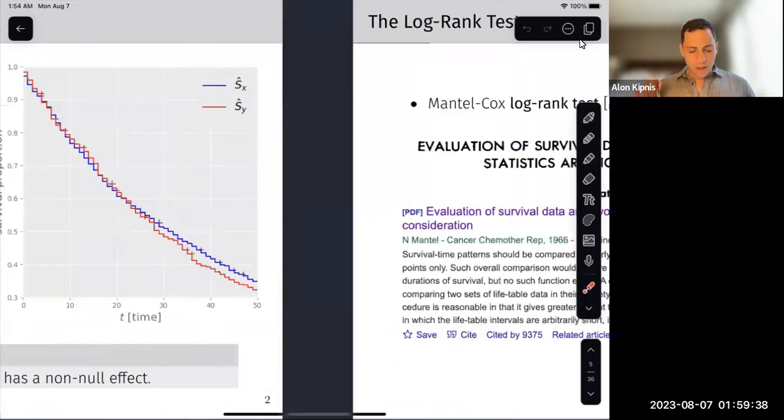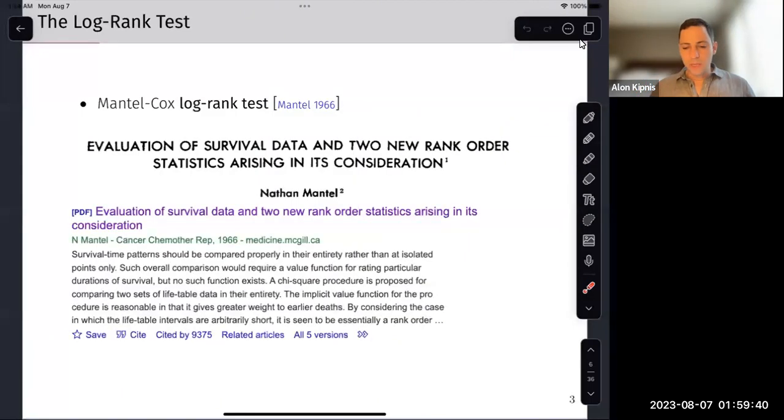Now, a major tool in the analysis of survival data to determine whether there's an effect or not is called the log-rank test. It's not the only test available, but many of the properties of the log-rank test that we care about in the context of sparse signal detection also carry over to other tests. This is why I'm going to focus the discussion in this talk on the log-rank test.